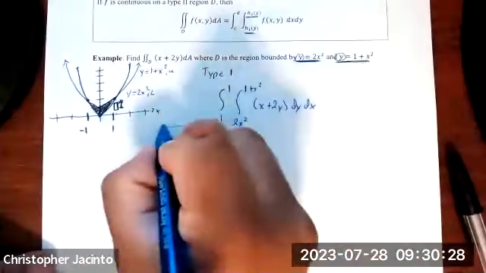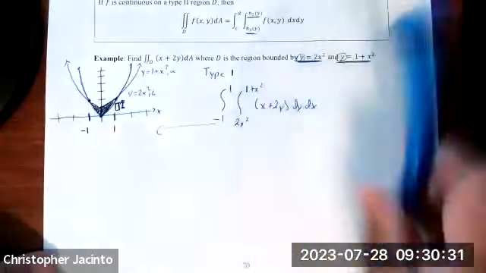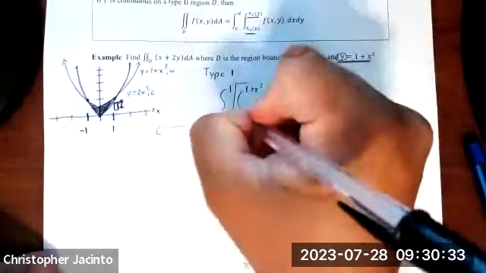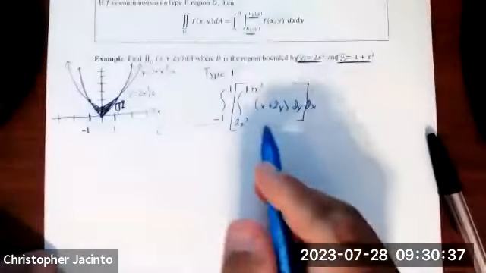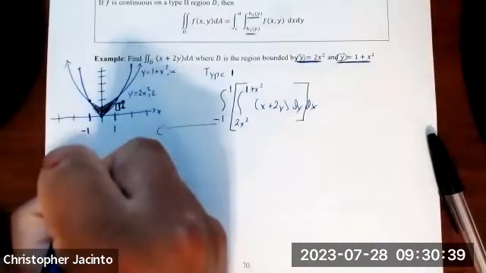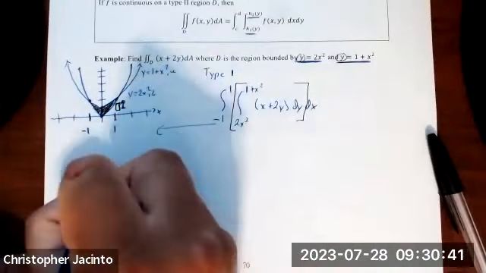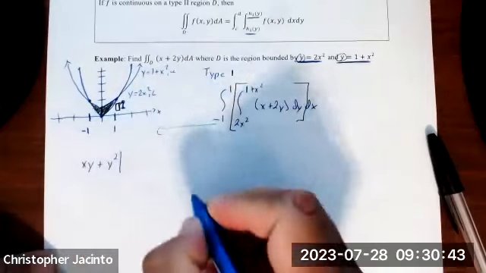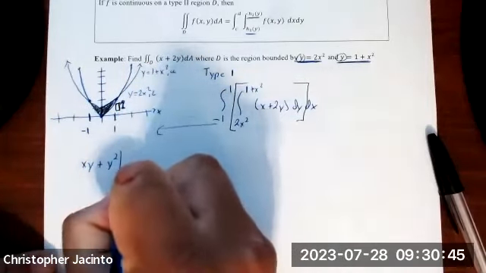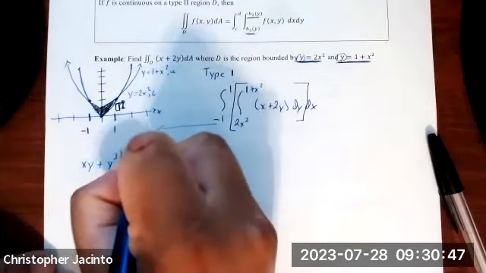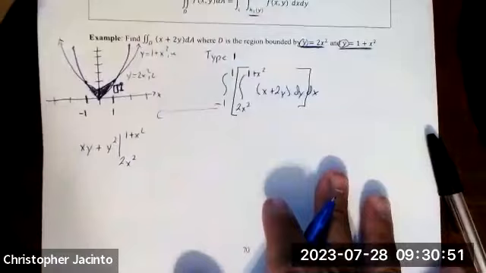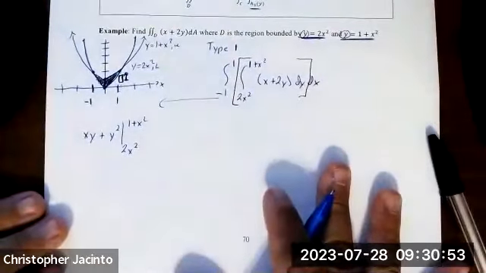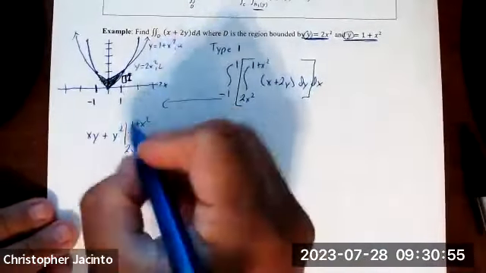Okay. All right, so this one we just got to do the old-fashioned way. Since it's going to be a little lengthy, I'm going to start over here. Okay, first integrate with respect to y. So this is just going to be xy plus y squared, evaluated at 2x squared and 1 plus x squared. All right, so general regions are going to be messy, right? Remember, we're going to plug in each one in for y.